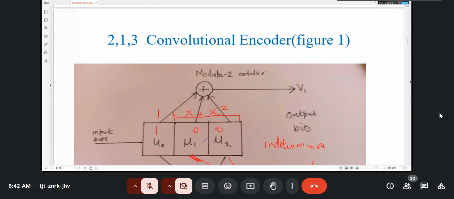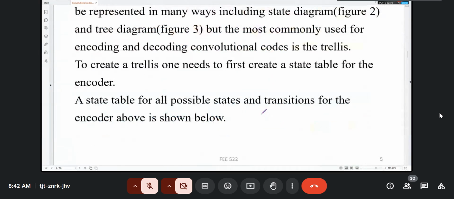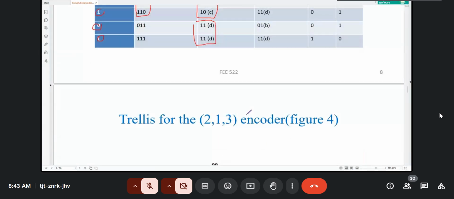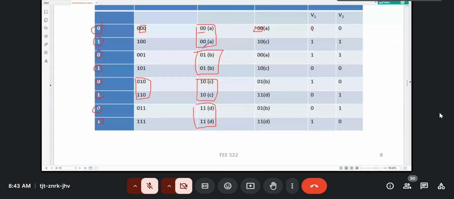It will have 8 different possibilities of states, and therefore your table will be a bigger table, to have 16, because of the 8 states. You can have a 0 or a 1, so you'll have 16 entries in this table here.